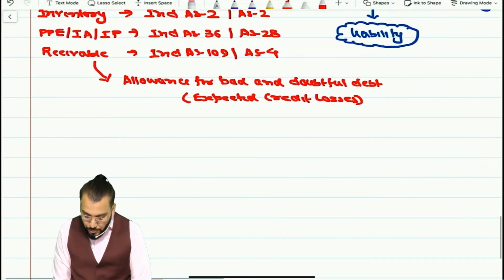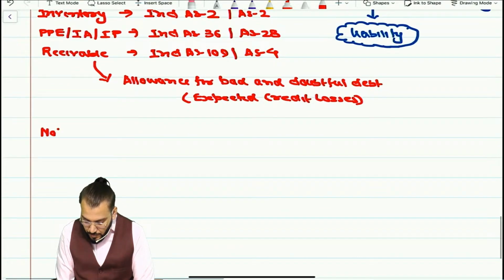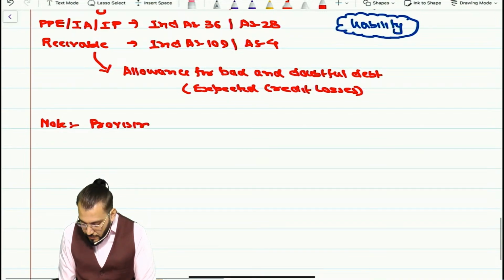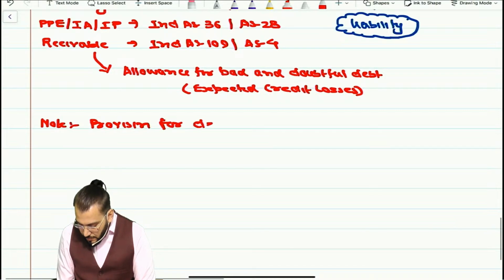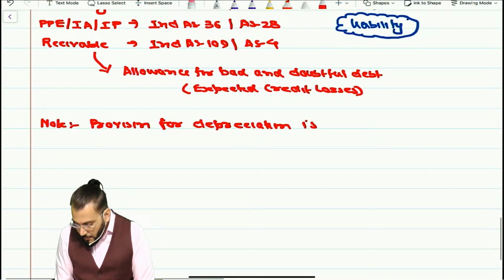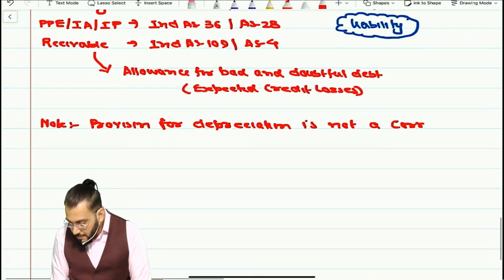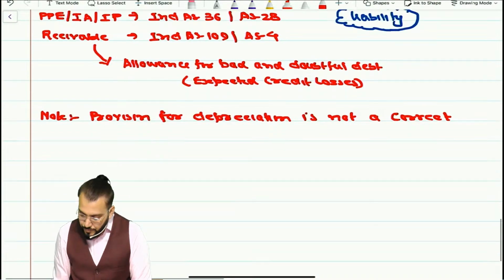Means can I give a note? Bolo. Provision for depreciation is not a correct term. Means in my class, I will not use it.